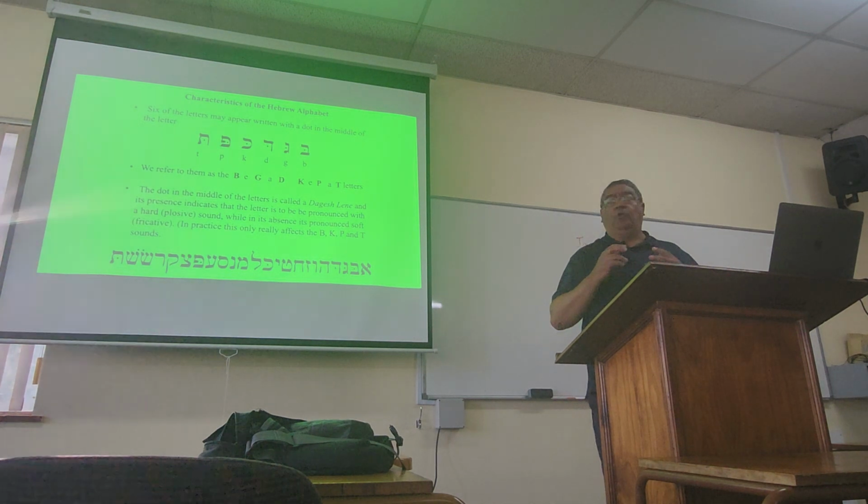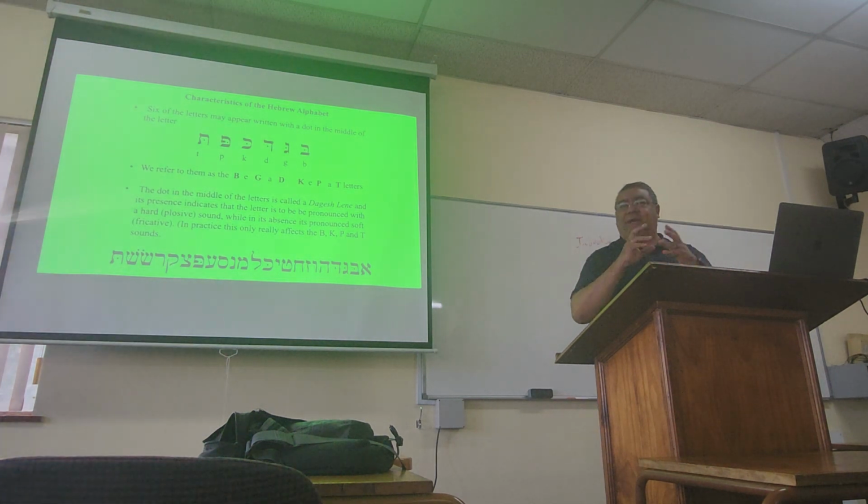So, and I don't want to get too technical, but some of it is useful as an example, using some of the technical language to describe how these pronunciations change. I'll do that with the first letter, the letter bet, because that one is so obvious when it changes pronunciation.